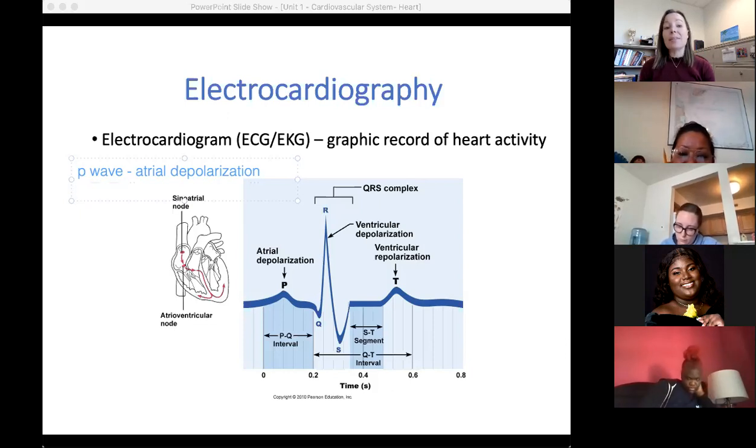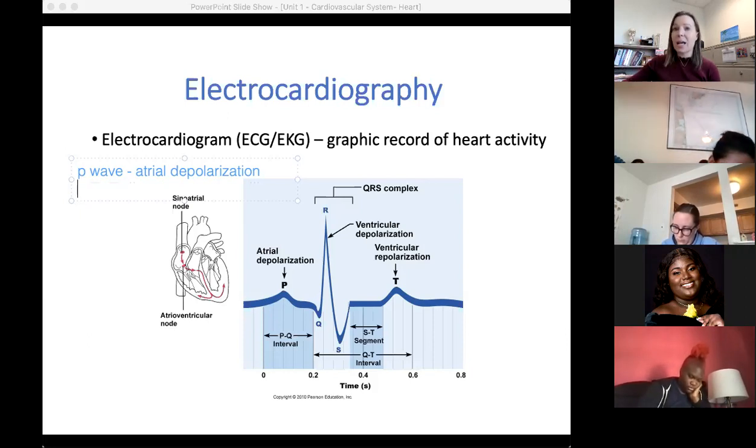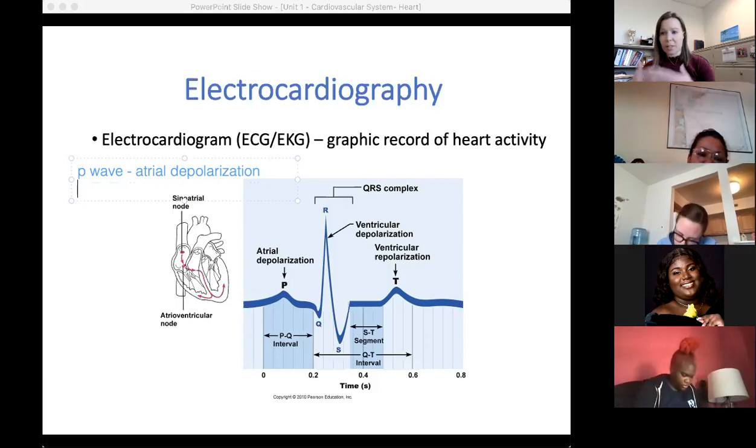So when I say that the P wave represents atrial depolarization, just know that that's the beginning of the action potential. So when you see that P wave, you know that the action potential has been initiated in the atria. It's when it first starts in the atria. And what I have written in your outline is that the atria will contract after the P wave begins.